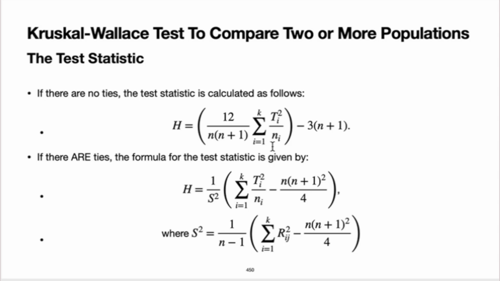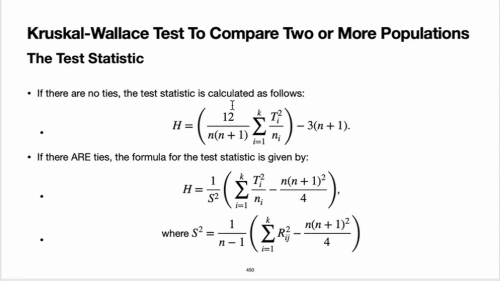These are the individual sample sizes that we're dividing by. Now in the numerator, notice that we have the square of the rank sums for the individual samples. And so the terms in this summation are ratios: the square of the rank sum of the ith sample divided by the size of that sample, and we add those values up.